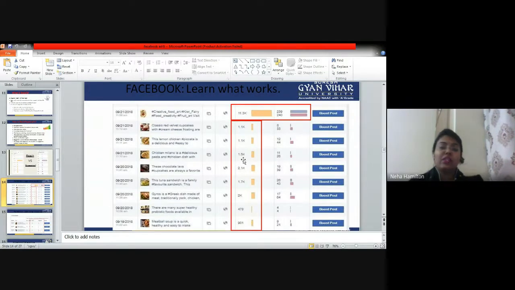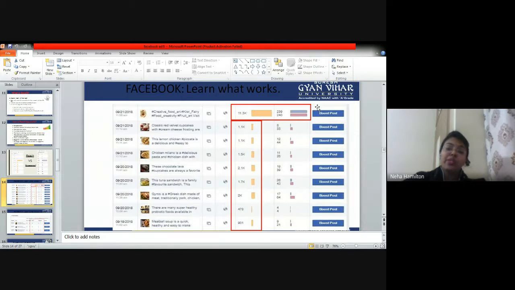Then again, this post, chicken Milano, delicious, whatever pasta recipe somebody has shared on their Facebook. So 1.5 thousand likes and this many comments and this many reactions. Now you are seeing one more option, which is boost post, right?